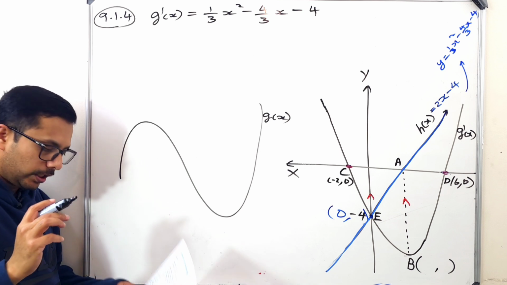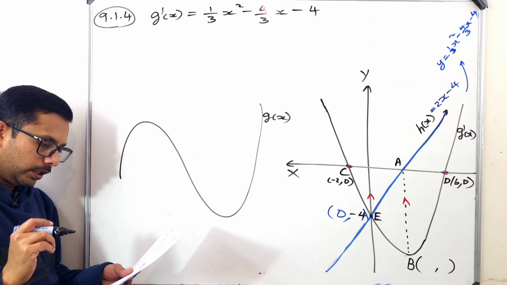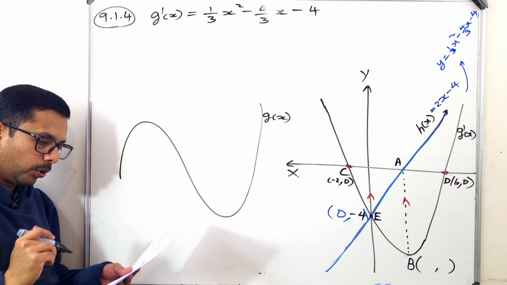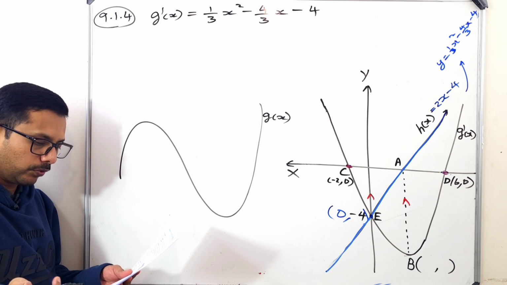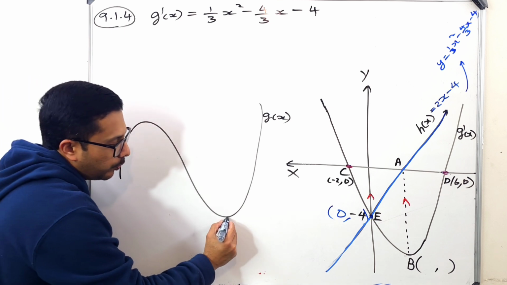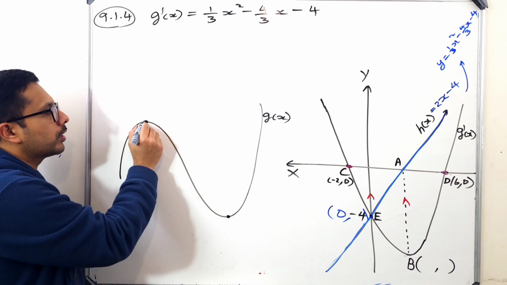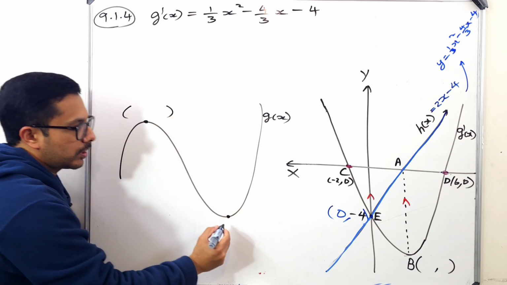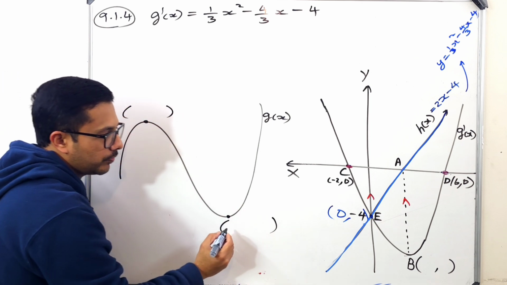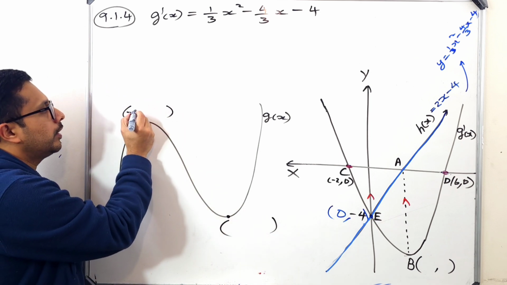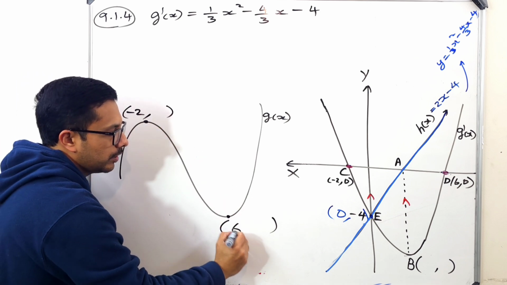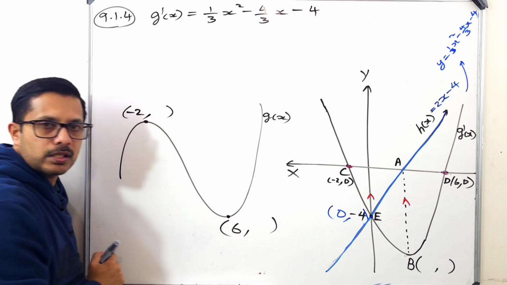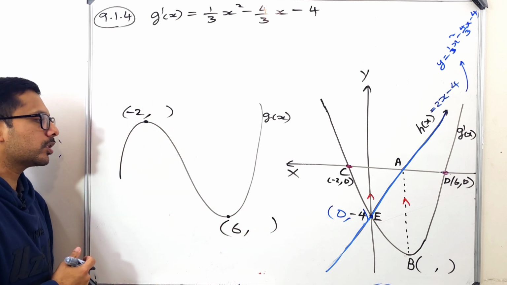Okay. Now here what is the question? Write down the x coordinate of the point of inflection of the graph of g. So at this point, we already got the x values of the turning points. What are the x values of the turning points we got? Here it is -2 and here it is 6. We don't know the y value, so let's not bother about that.